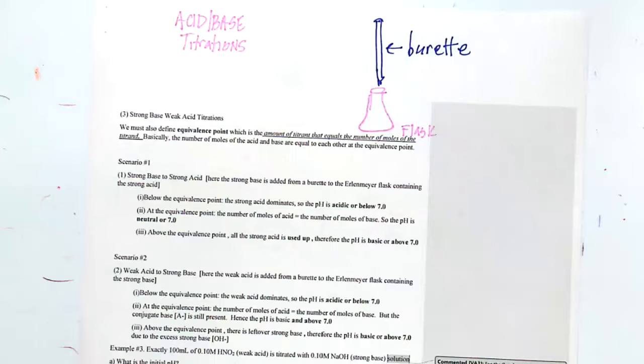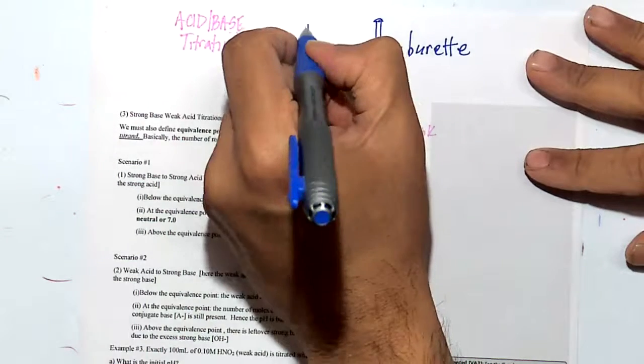Remember, this is the one you're going to add incrementally. That's called a titrant. This is the thing that we're going to go little bit by little bit each and every time. That's what we're titrating in. So that's titrant.